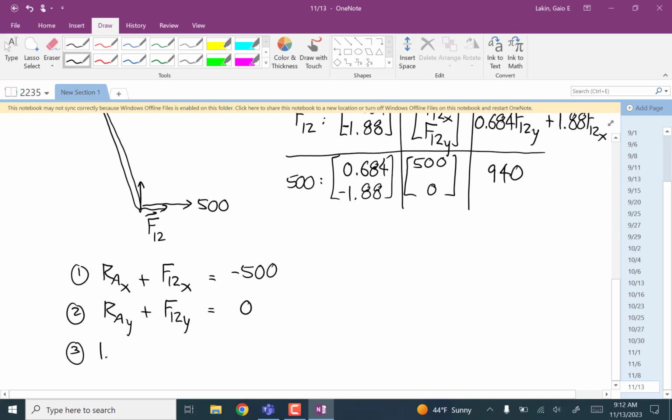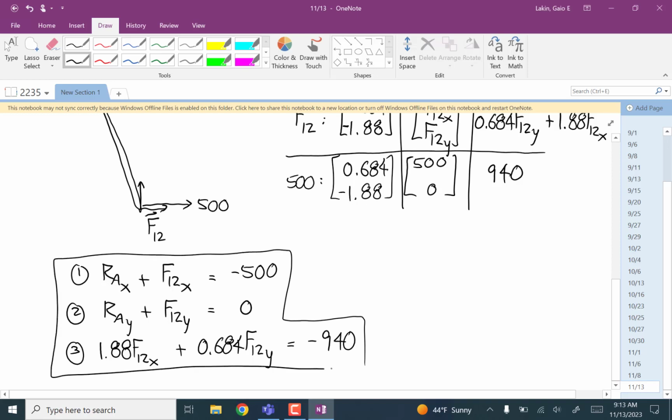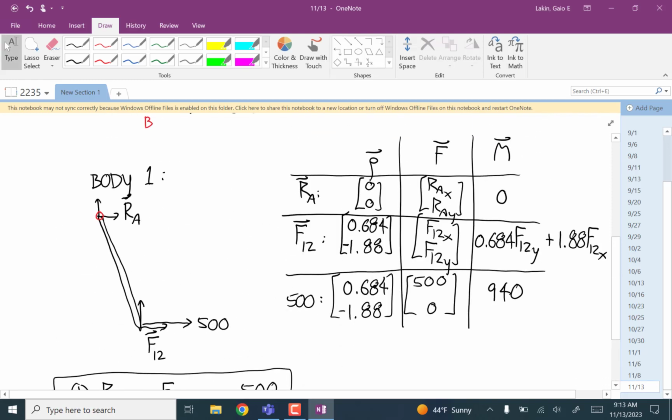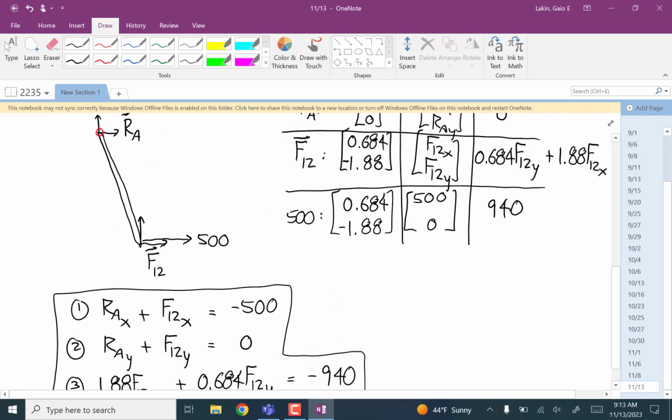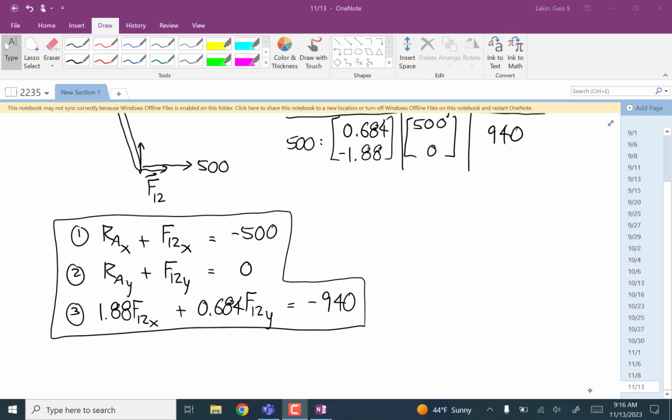And the third one, reordering it, 1.88 F12X plus 0.684 F12Y is equal to negative 940. Everyone good with that? Okay, now go on to body 2 and get those equations.